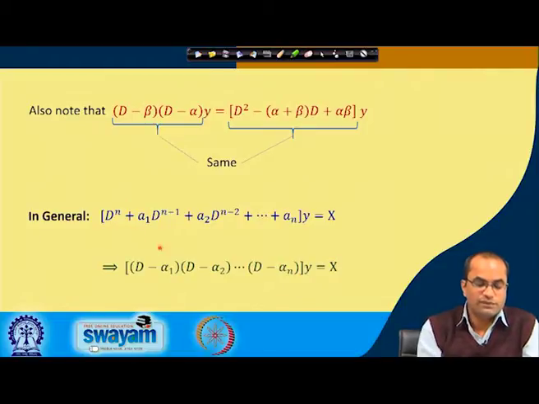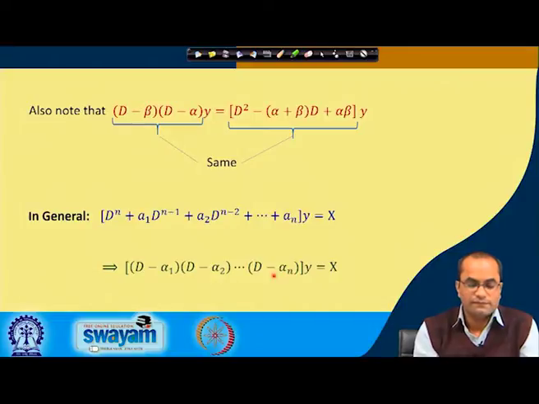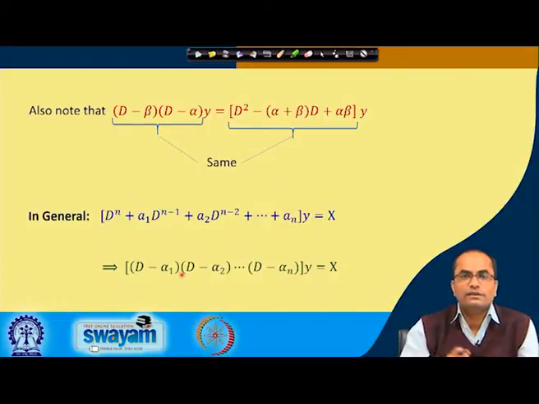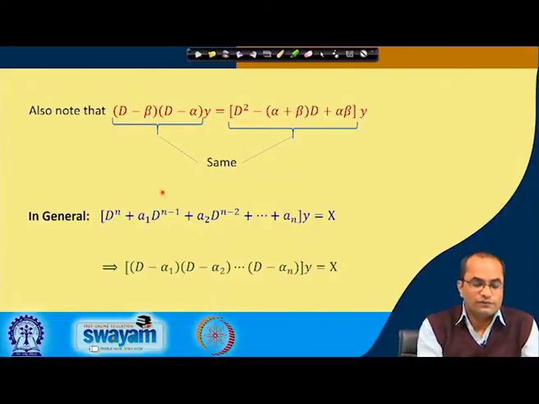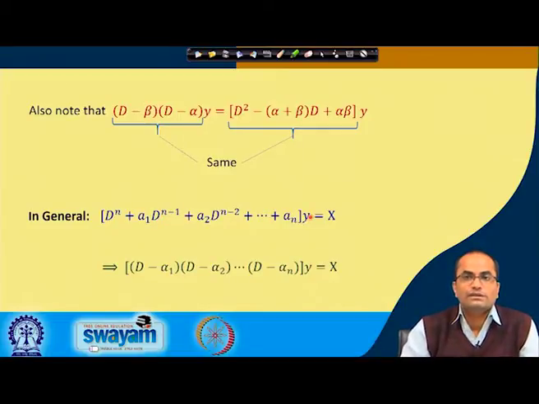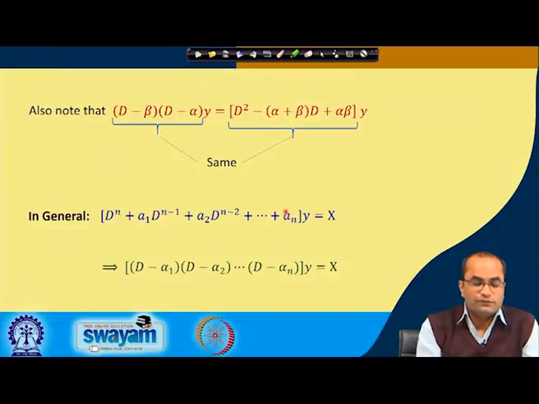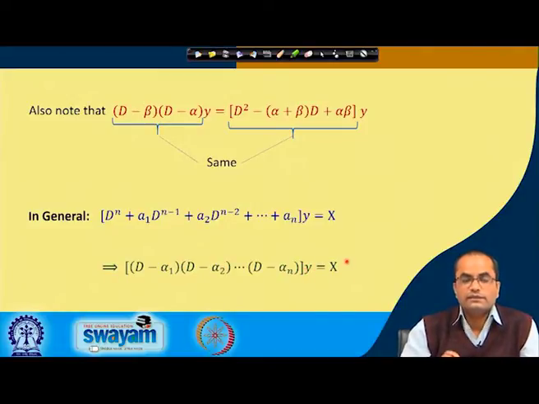This will be equal to D minus alpha 1, D minus alpha 2, up to D minus alpha n, if alpha 1, alpha 2, alpha 3, up to alpha n are the roots of the equation D power n plus a 1 D power n minus 1 plus and so on, plus a n is equal to 0. If we have the roots, these alphas, then we can write this as a product of D minus alpha 1, D minus alpha 2, and so on, applied on y, equal to x, the right hand side.